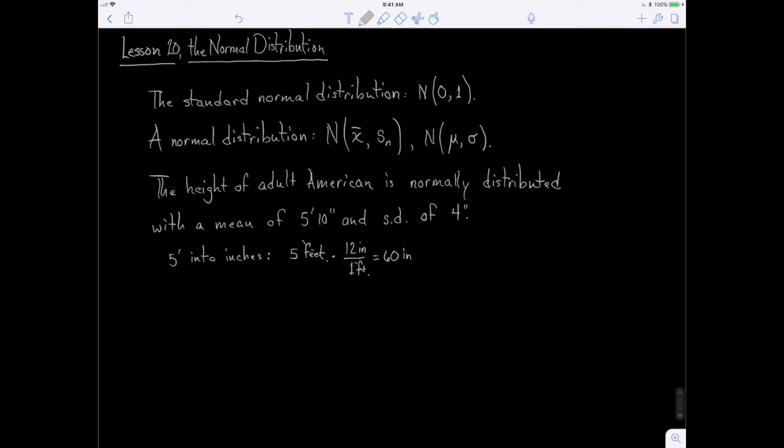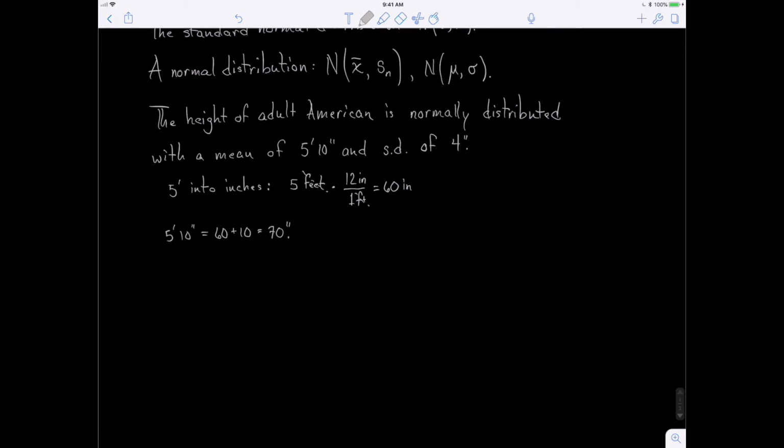So if someone is 5 feet 10 inches, that's 60 plus 10, or 70 inches tall. In other words, the normal distribution that represents the adult American male is N with a mean of 70 and a standard deviation of 4.